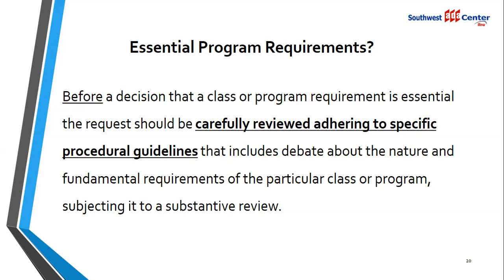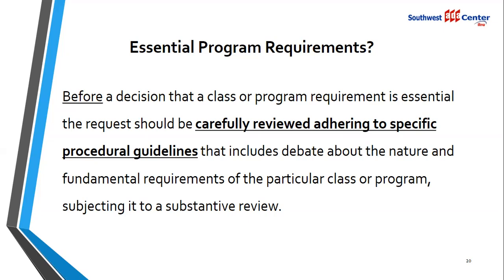Okay, that's important because a college, a university does not have to fundamentally alter their essential requirements for a classroom, a program, a degree, etc. So it's important that before a decision that a class or program requirement is essential, the request should be carefully reviewed, adhering to specific procedural guidelines that include debate about the nature and fundamental requirements of the particular class or program, subjecting it to a substantive review.